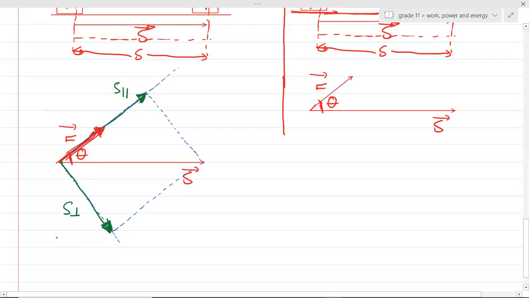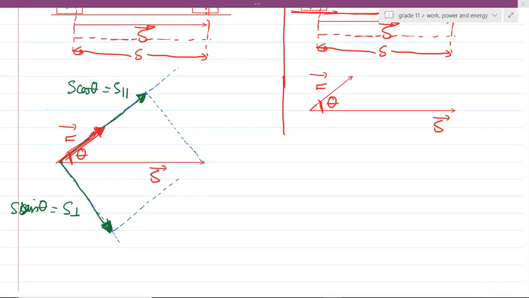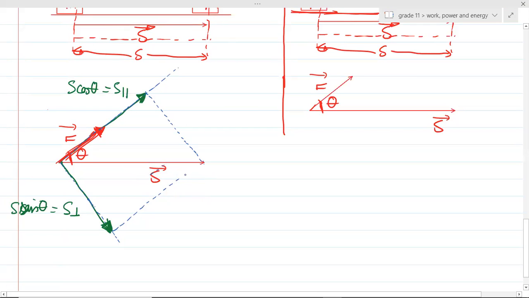Yes or no, guys? Will this S parallel be equal to S cos theta? And will this S perpendicular be equal to S sine theta? Everyone knows how to make the components, right? Yes, sir. So basically, guys, can you unmute everyone?